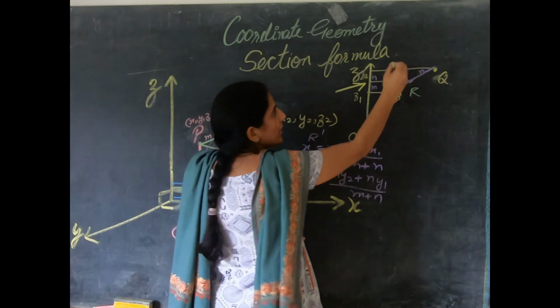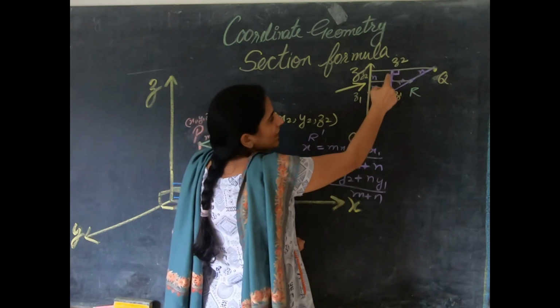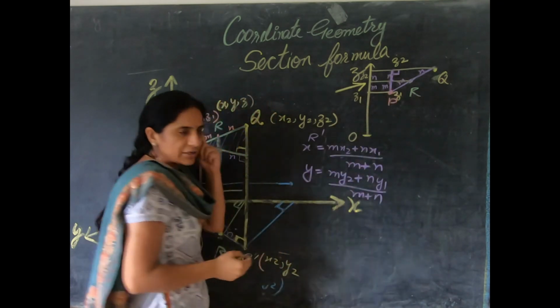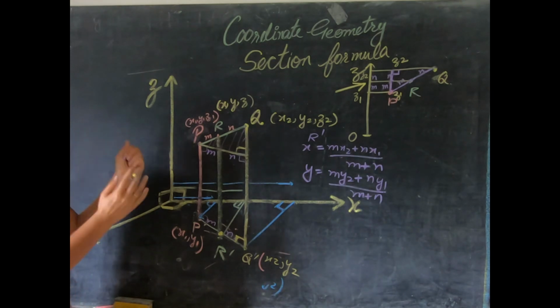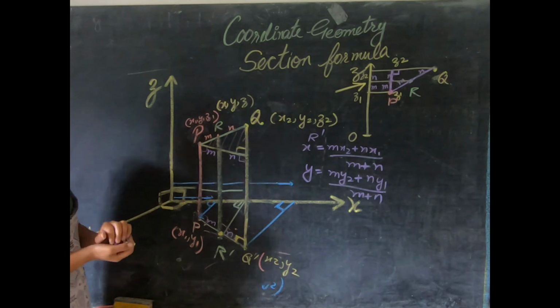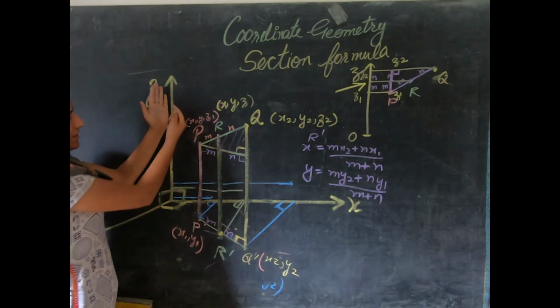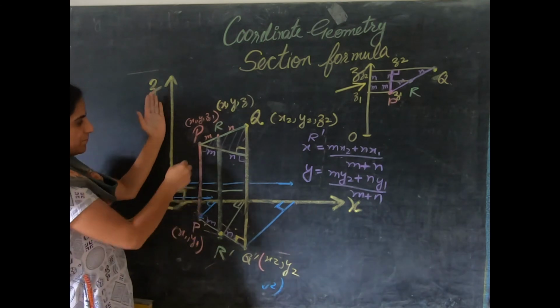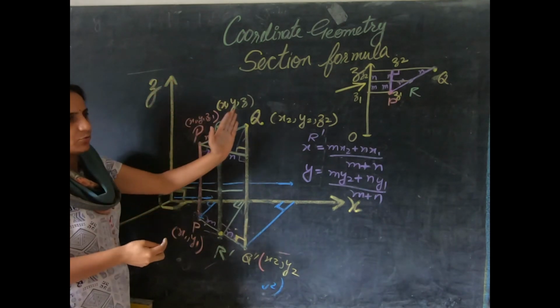This height is Z1 and this height is Z2, and this divides it in the ratio m/n. Because I am just working on one plane, what did I enlarge actually? I have taken a plane containing the z axis, a plane containing P and Q.